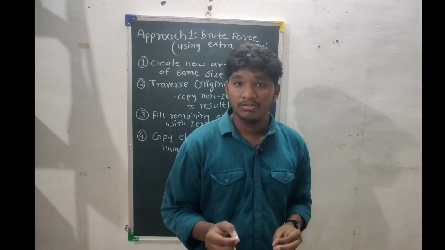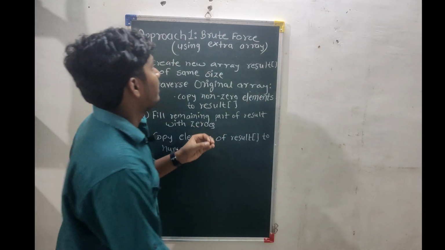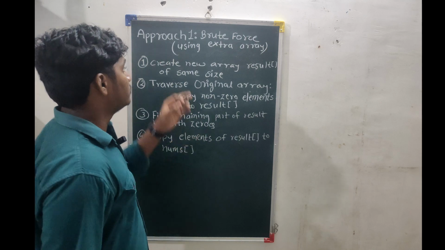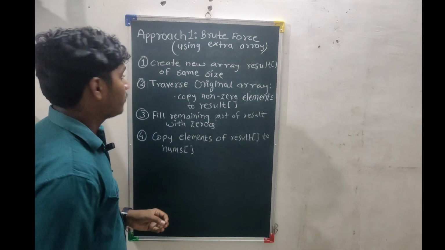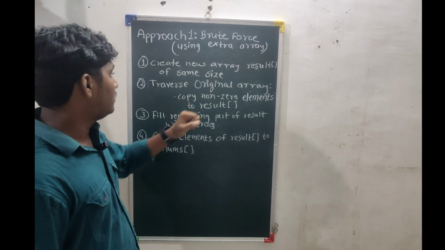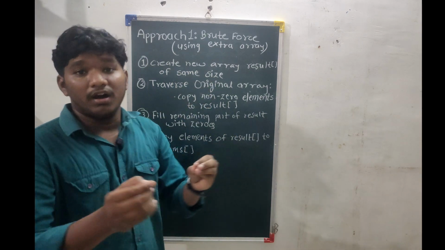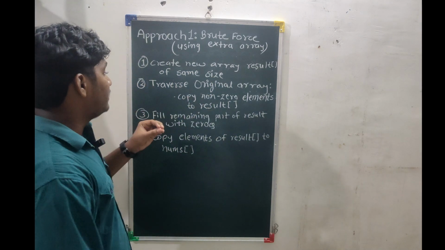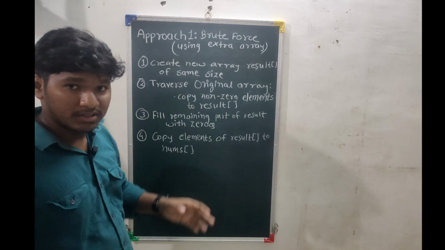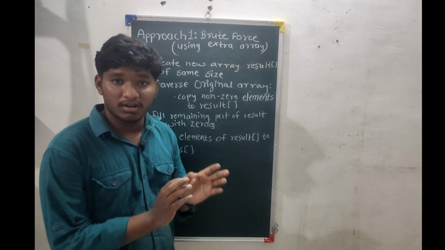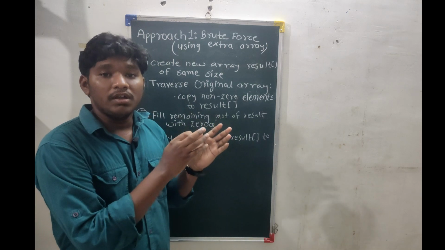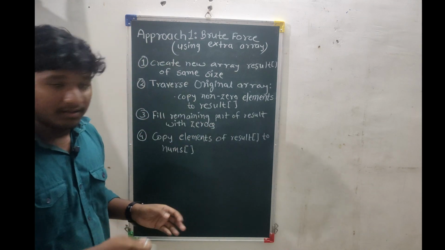So our first approach is the brute force approach, and this brute force approach uses an extra array. Our first step is to create a new array result of the same size as our nums array, and in the second step we traverse the original nums array and copy all the non-zero elements from the nums array to our new result array.